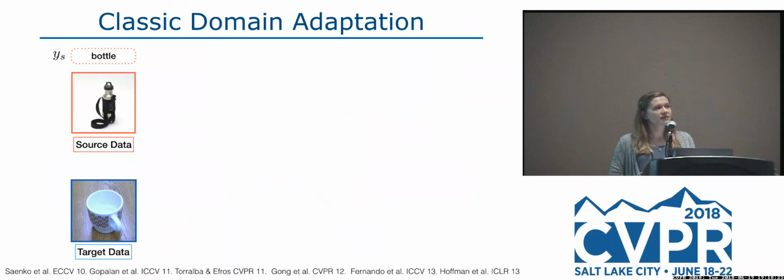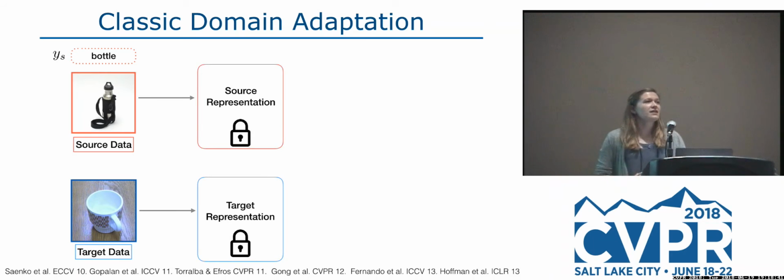So the classic setup for adaptation, if you were talking about it 5-6 years ago, would be that you had access to a large labeled source data set, shown here by the product image, and then you had your unlabeled data set, maybe the way the product looked as in the wild.